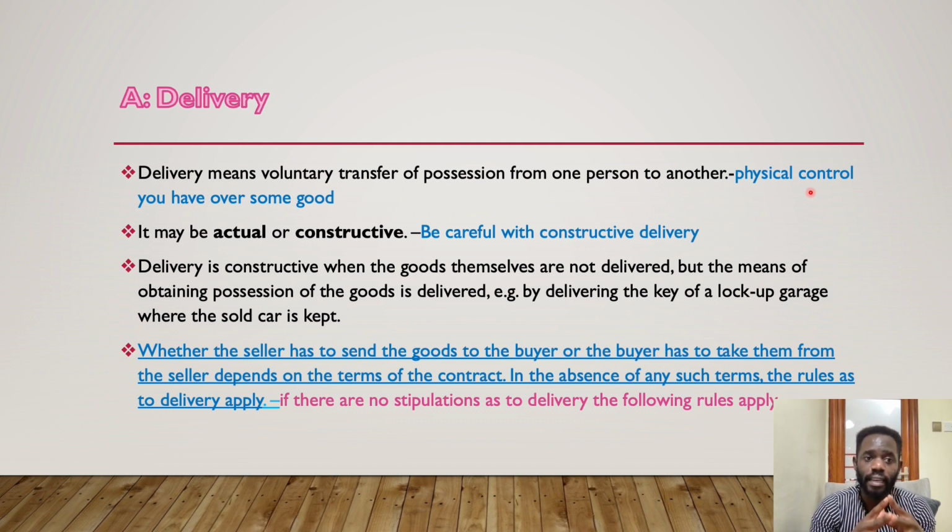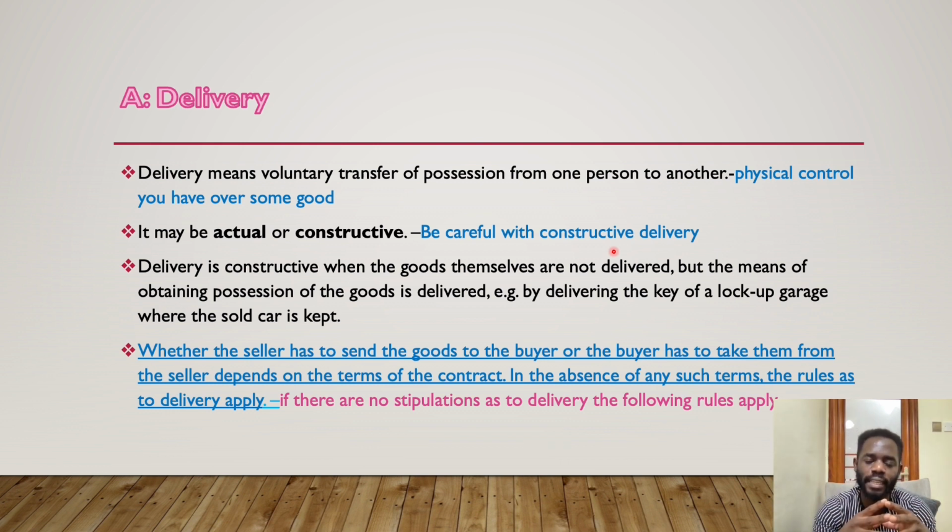Now, as far as delivery is concerned, it may be actual delivery, where you actually hand over the good to someone, or it may be constructive delivery. At this point in time, I want you to pay close attention to constructive delivery, because with constructive delivery, the goods are not delivered, but the means of obtaining possession of those goods will actually be delivered.